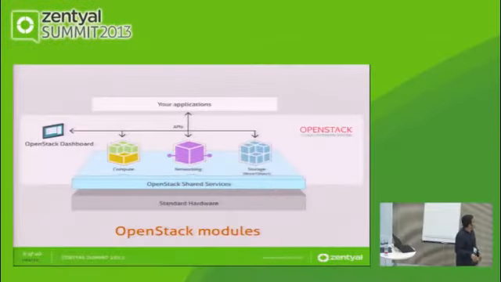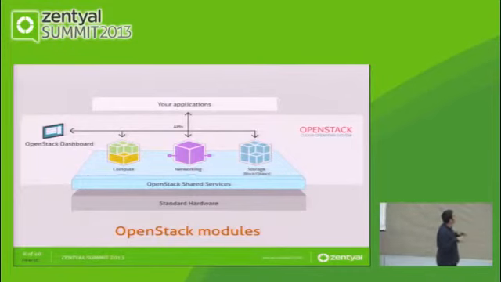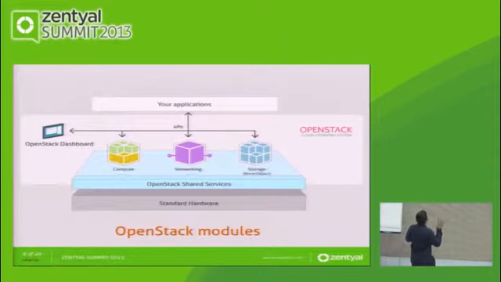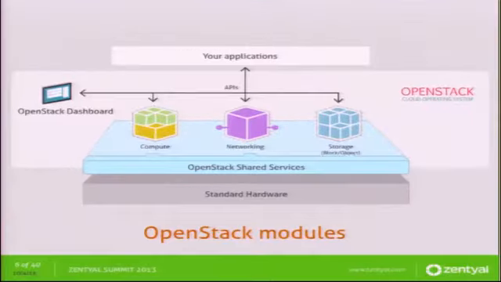What is great is that it provides a scenario where you can install several modules. It's very modular, so you can have OpenStack with different things in mind. For instance, we have the compute module, which is based on virtual machines.